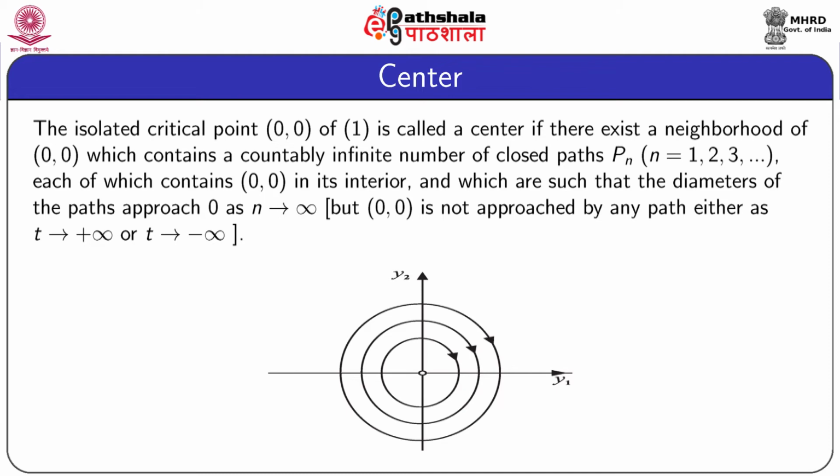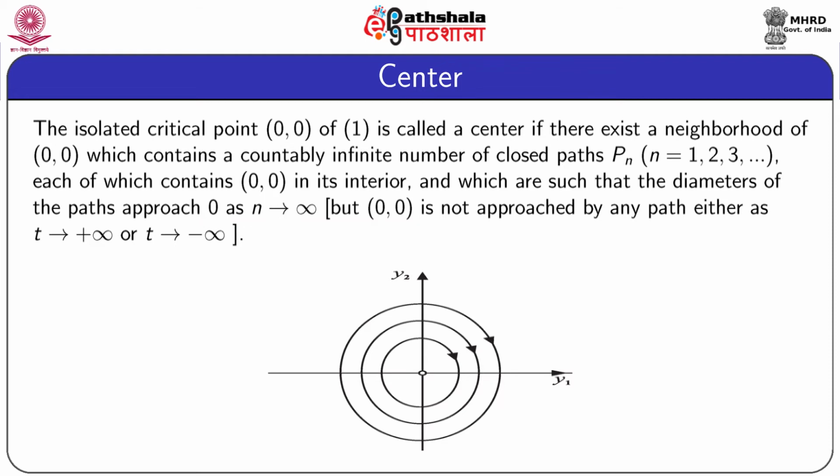We start with center. The isolated critical point (0,0) of 4 is called a center if there exists a neighborhood of (0,0) which contains a countably infinite number of closed paths P_n, n = 1, 2, 3, ..., each of which contains (0,0) in its interior and which are such that the diameter of the paths approaches 0 as n tends to infinity.